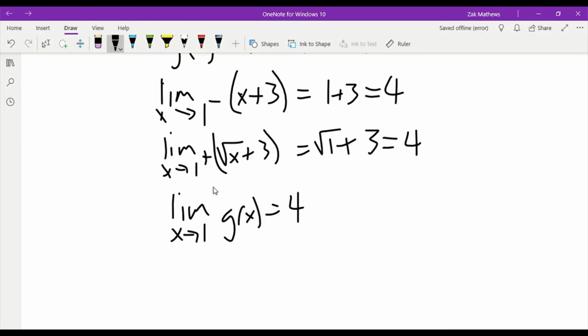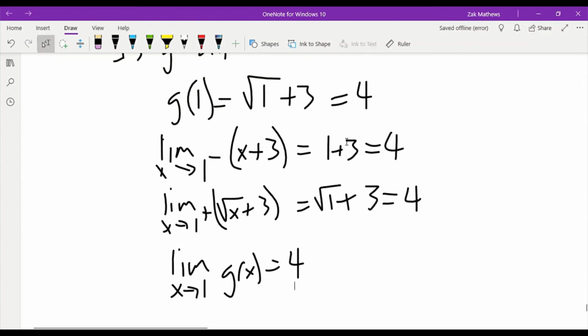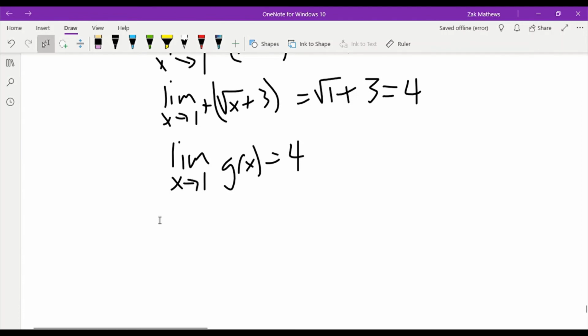Then we can make that statement, limit exists. So we do need to show all of that to show the limit exists. We've also found the function value. We found that to be 4. And so now we can state we know that g of x is continuous at x equals 1 because the limit and function exist and they are the same.